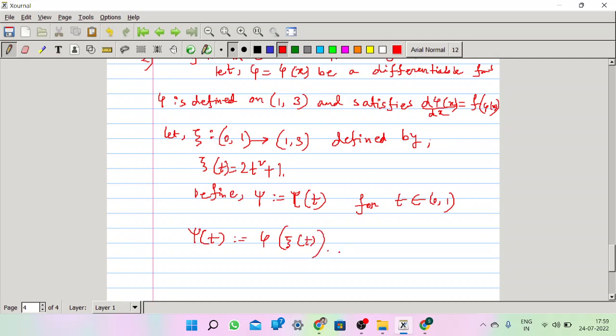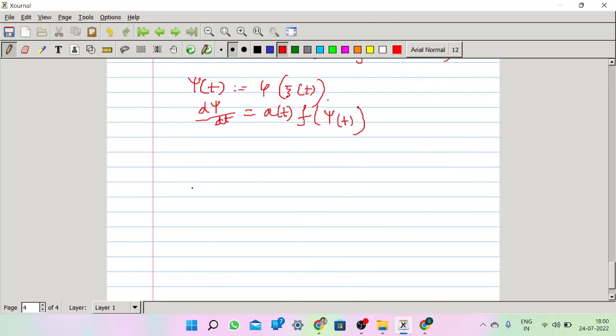Then I am differentiating psi with respect to t. So d psi by dt is equal to a(t) into f of psi of t. Now my question is, what is a(t)?